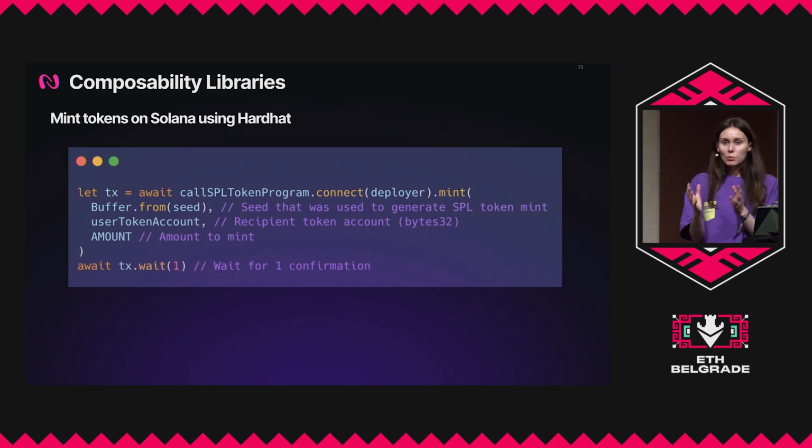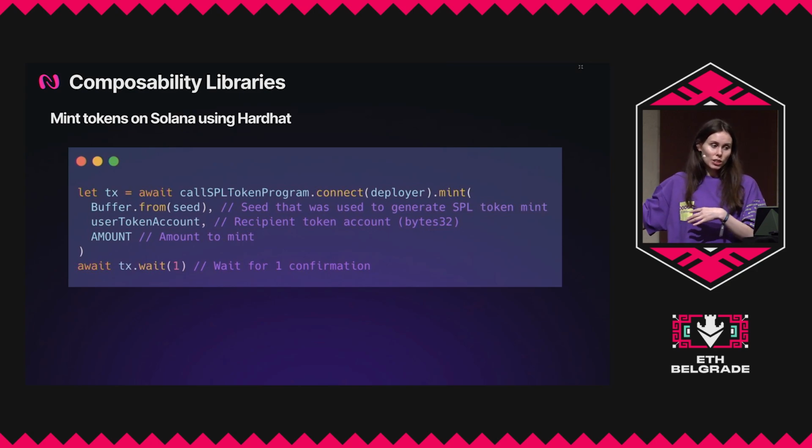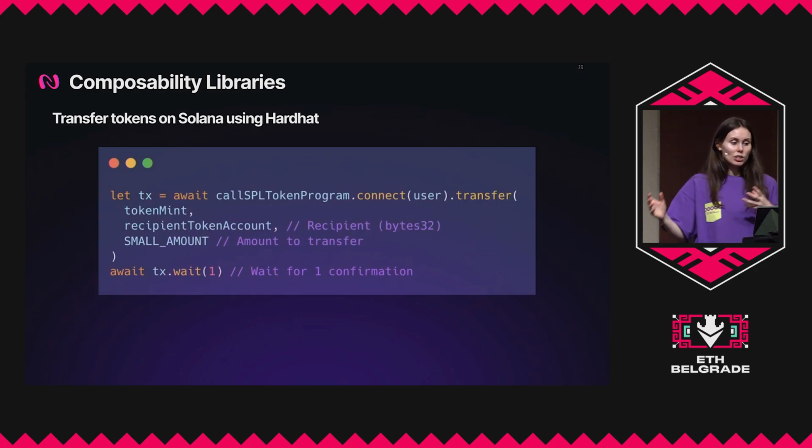And then once we have the token and once we have the balance that is going to hold these tokens, we can go ahead and mint actual tokens to this balance account. And we do this with a seed that we provided before. Then the recipient token account: it's not a transfer, so this means the recipient is just the token account that we just created, and an amount.